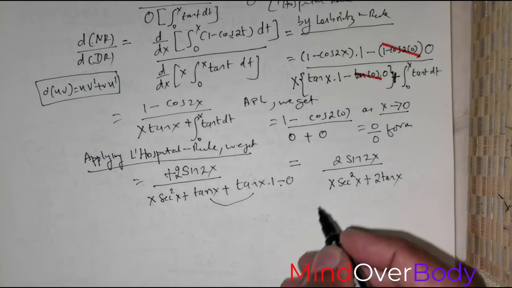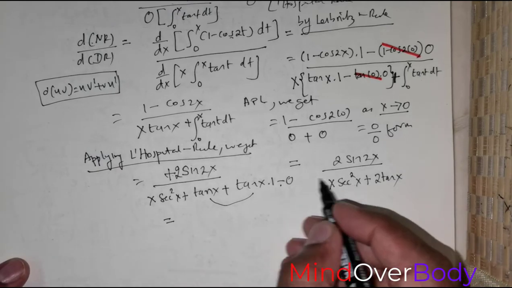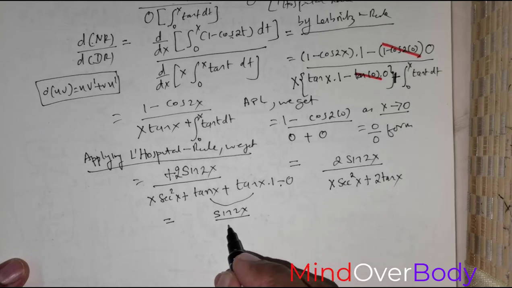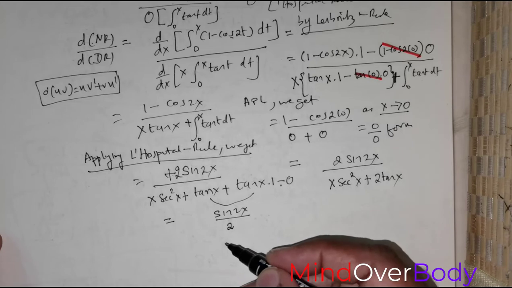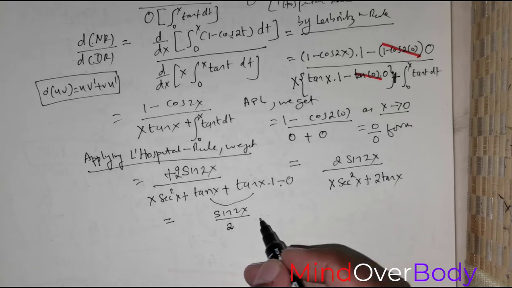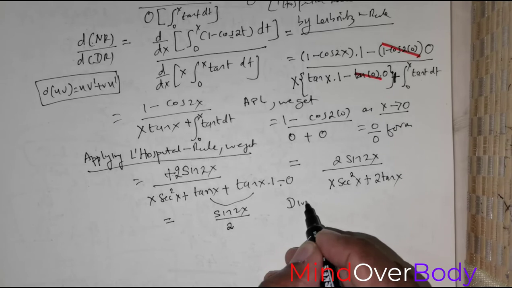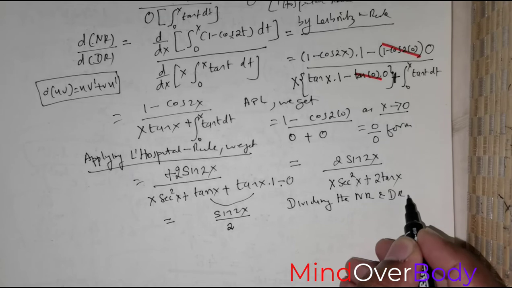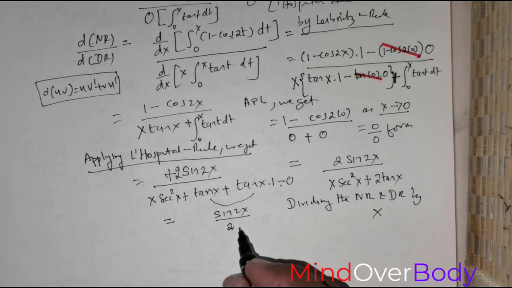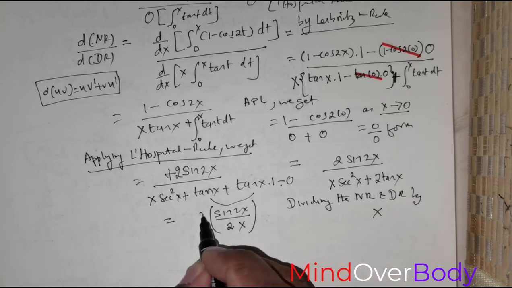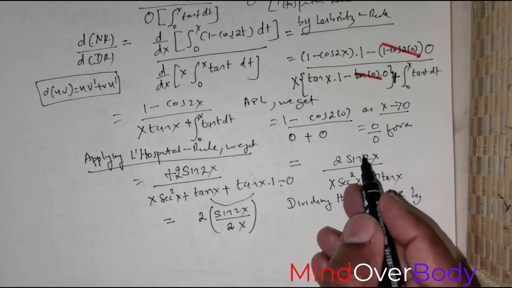So we've got this quantity and we will simplify this. Before I apply the limits, I'm going to make the following changes. I would be dividing the numerator and the denominator by x. Of course you have a 2 here, so I would multiply the numerator of this particular quantity by 2.